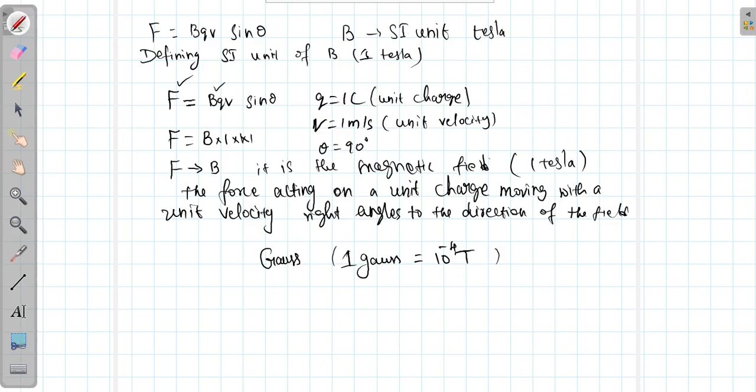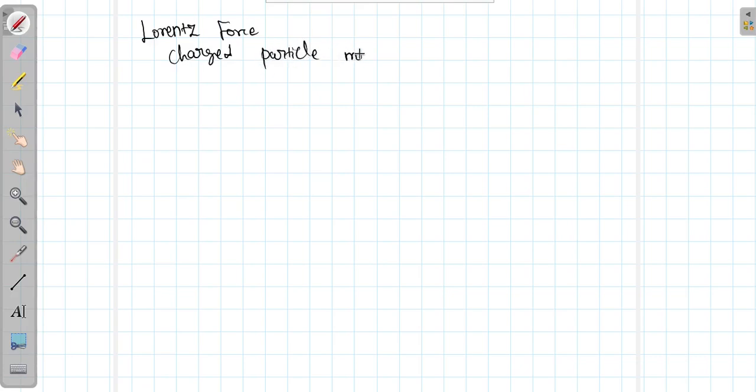Next we'll go for Lorentz force. This one is a combined effect. Whenever a charged particle is moving in both electric and magnetic field, it experiences a combined effect.